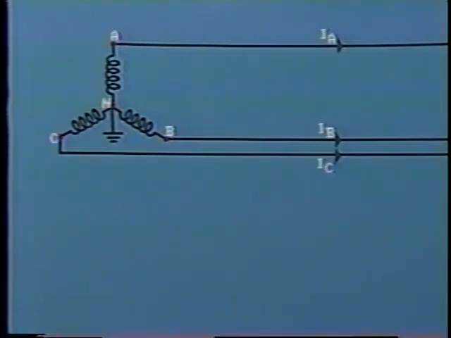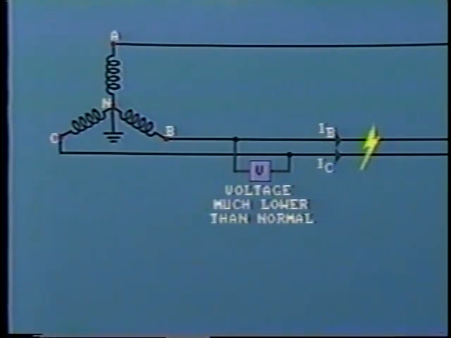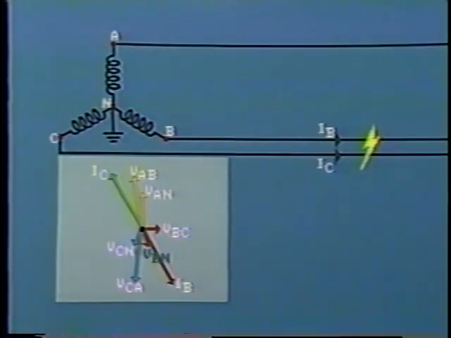Well, now let's move on to look at the conditions for a phase-to-phase fault. In this case, the short circuit is between line B and line C. If you could place a voltmeter between lines B and C, you would find the voltage to be much lower than normal. Similarly, the voltage between line B and ground would be lower, as is line C to ground voltage.